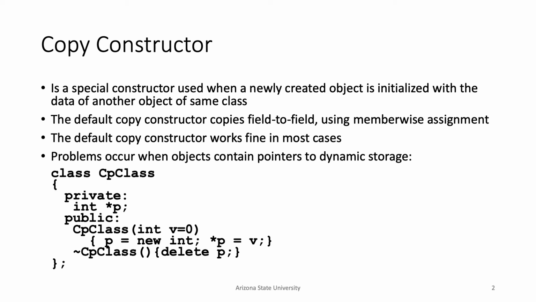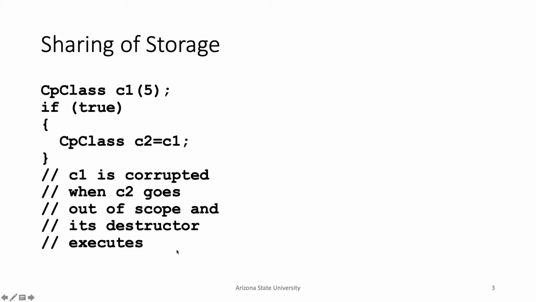Could it be implicitly converted to a CP class type? Then you would have to figure out whether you want an implicit conversion like that, or an explicit one. So there's a difference there. But here, let's just say we're dealing with explicit. It has to be exactly the same type. So here it's not a copy constructor.